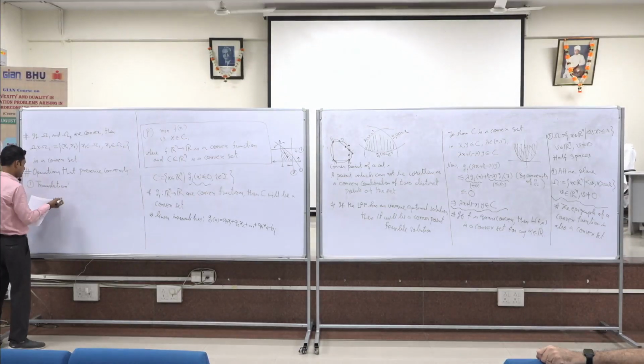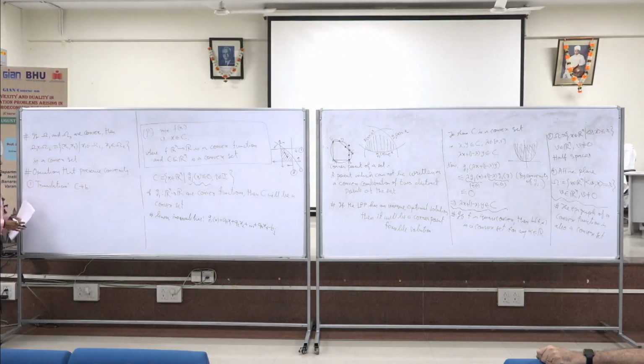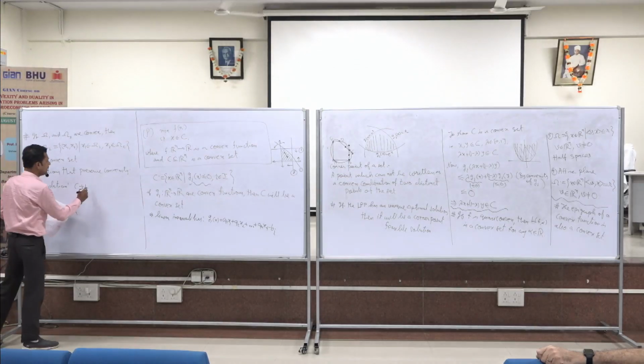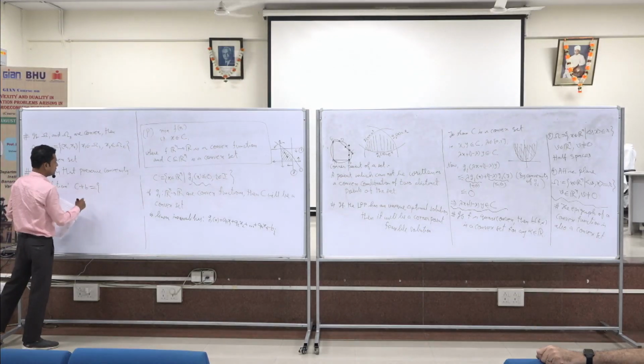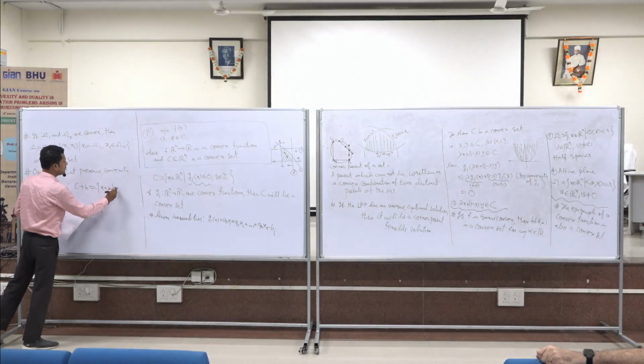So what is translation? You have any set C, and by C we mean a convex set. So you have a set C and you add any number to this. So you have this, this will be x plus b, such that x belongs to C.